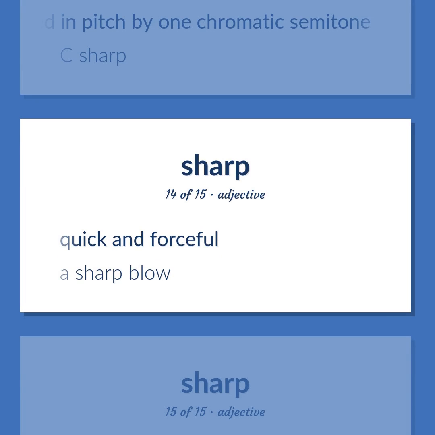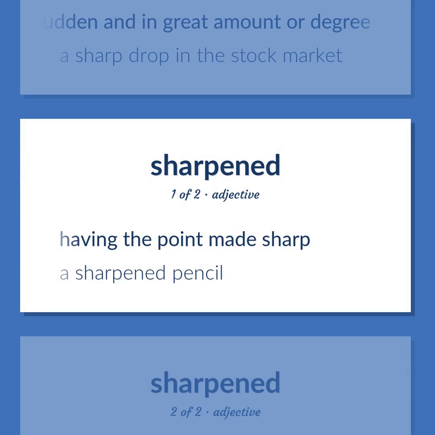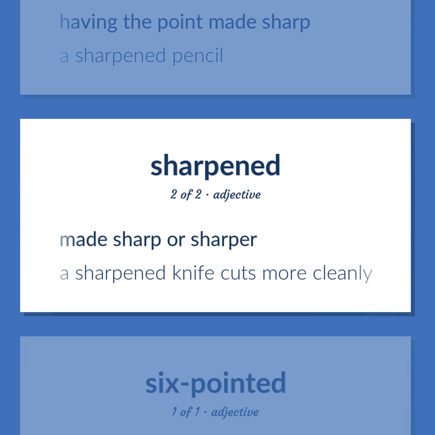Quick and forceful. A sharp blow. Very sudden and in great amount or degree. A sharp drop in the stock market. Having the point made sharp. A sharpened pencil. Made sharp or sharper. A sharpened knife cuts more cleanly.